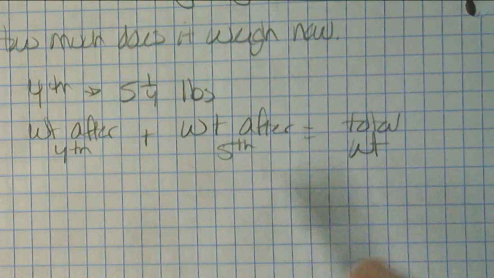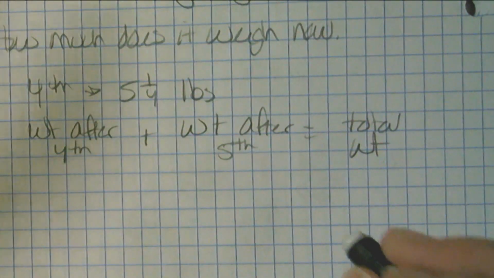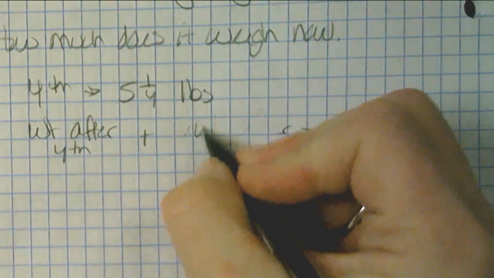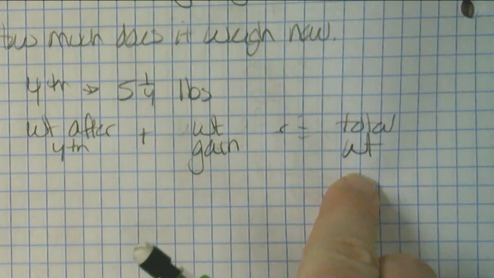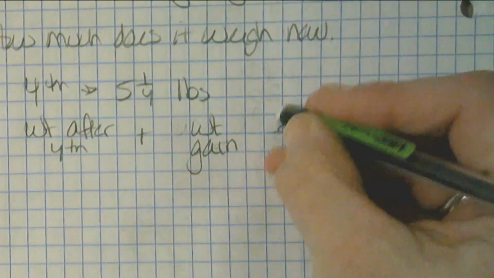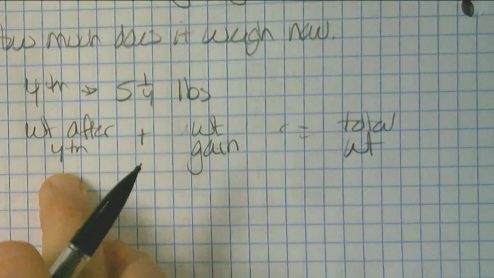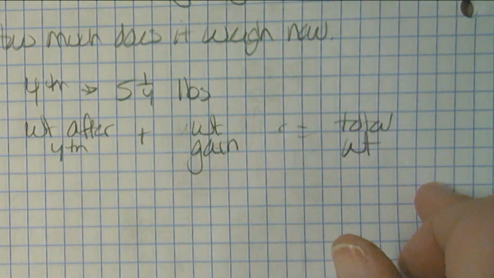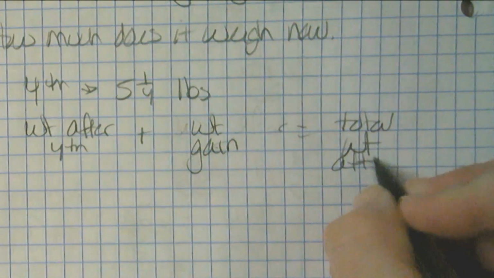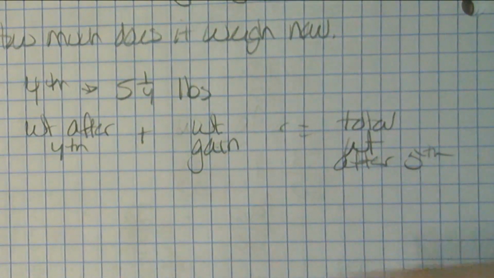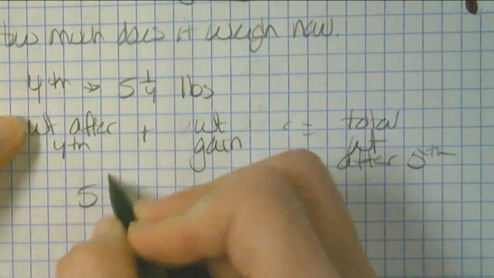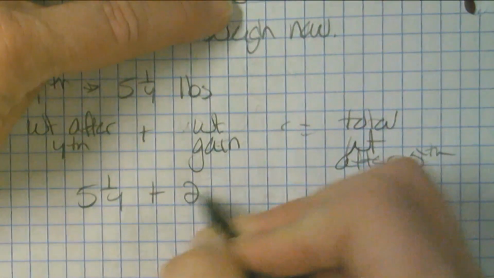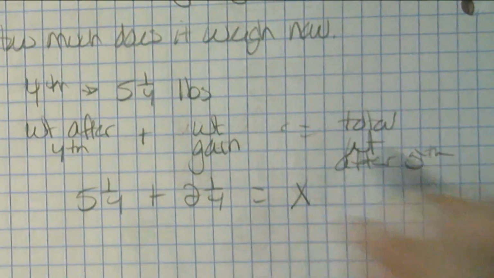All right, so I know that it gained, wait a minute, hang on. Nope. I'm going to say weight gain, because I am looking for my weight after the fifth one. So my weight after the fourth molting plus my weight gain gives me my total weight after fifth. So I end up with that 5 1/4 plus 2 1/4 is going to give me my total weight.